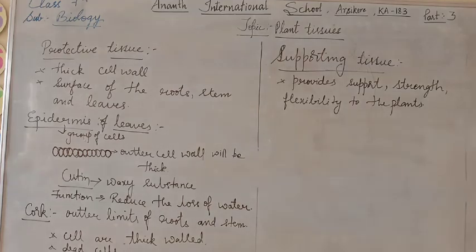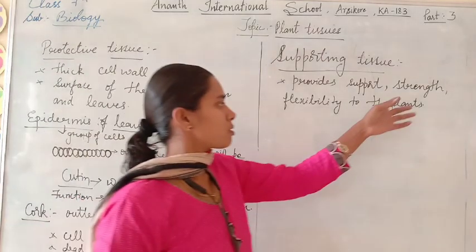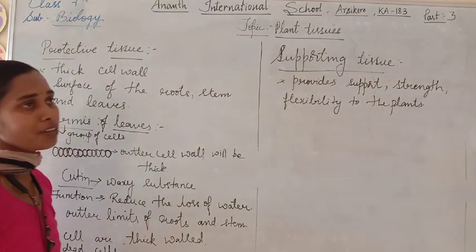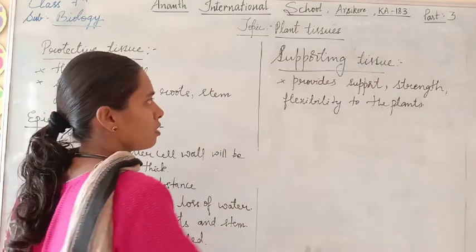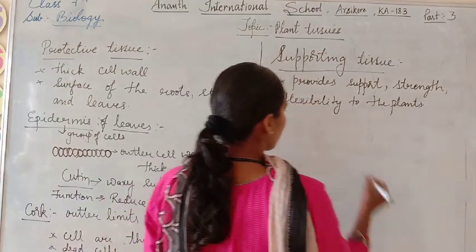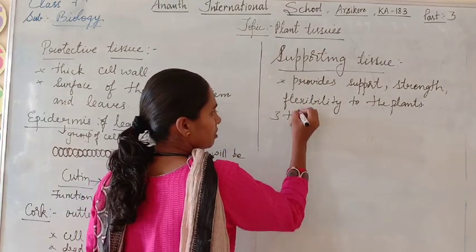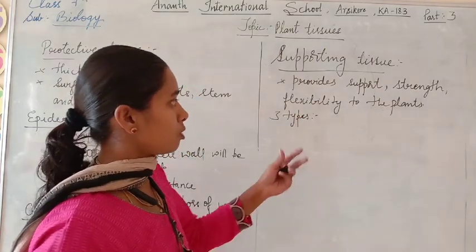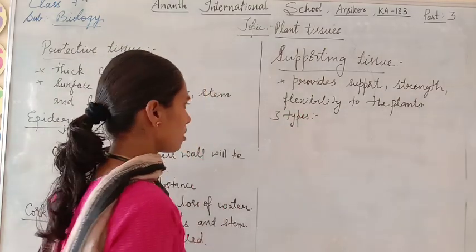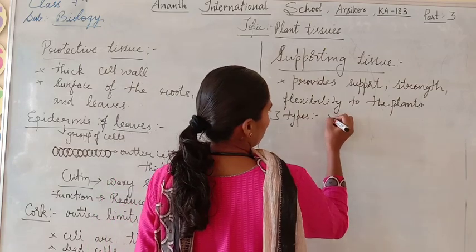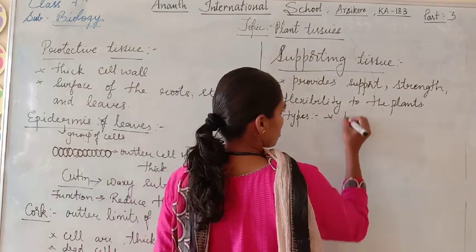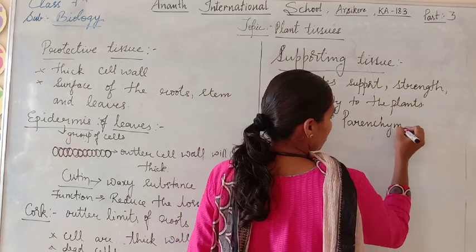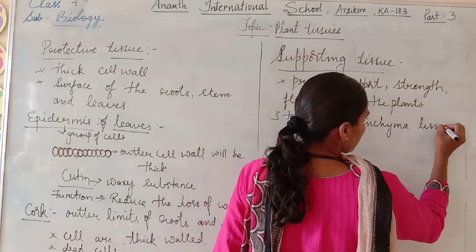Based on this support, strength and flexibility, the supporting tissue is classified into three main types. Which are those three types? The first type of supporting tissue is parenchyma tissue.